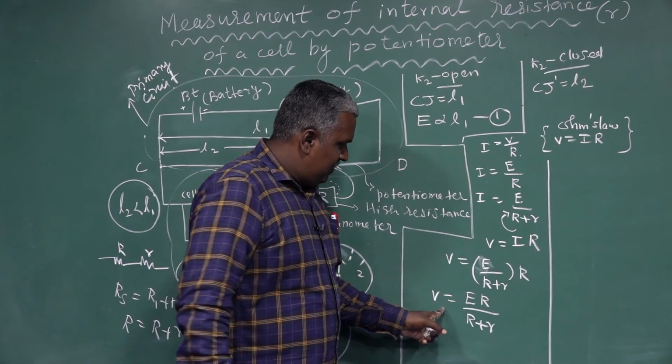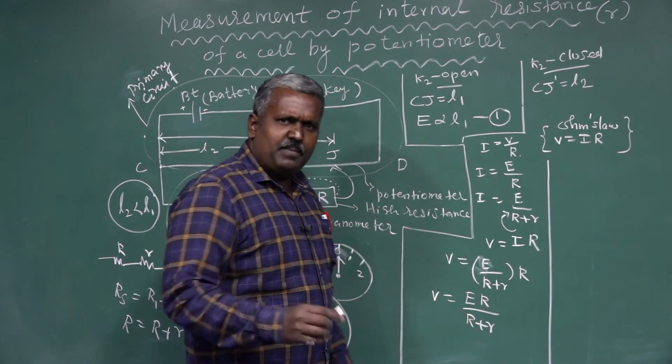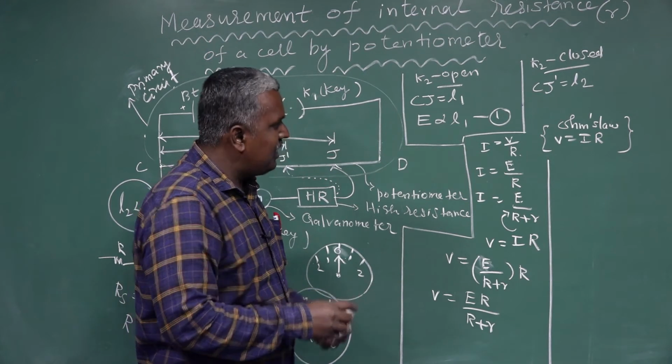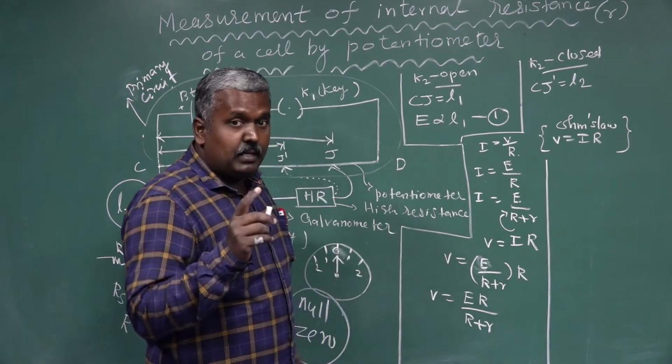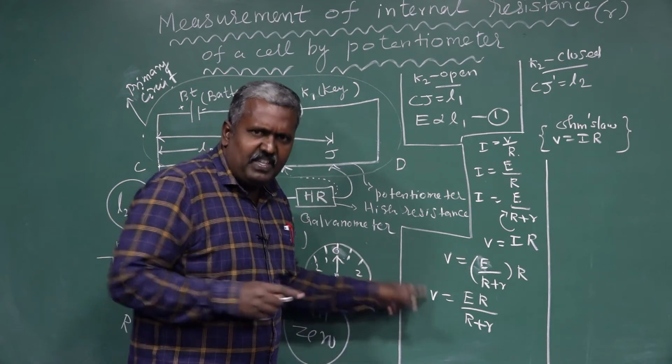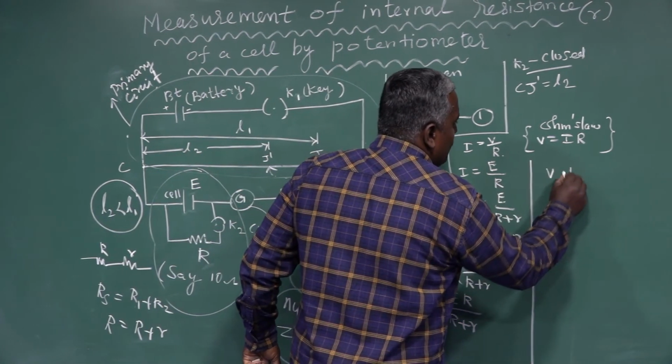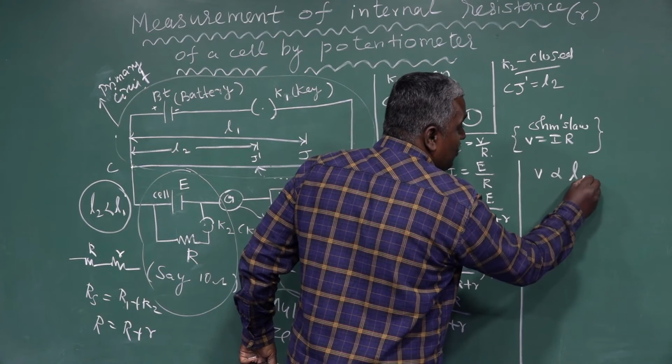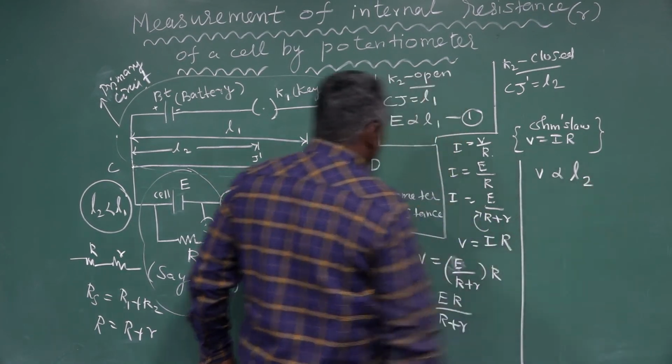Now, V is equal to ER by R plus r. Again, by the principle of potentiometer, in closed circuit, not open circuit, V is proportional to balancing length, L1 or L2? Very good, L2.